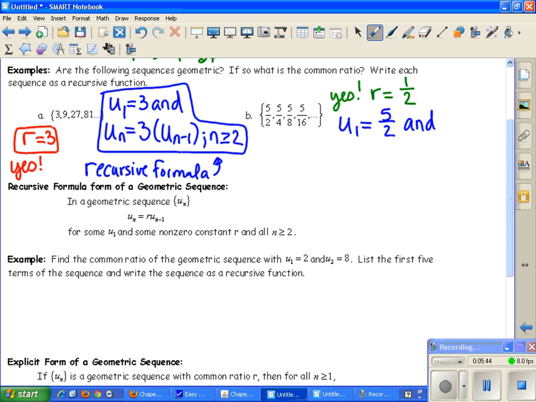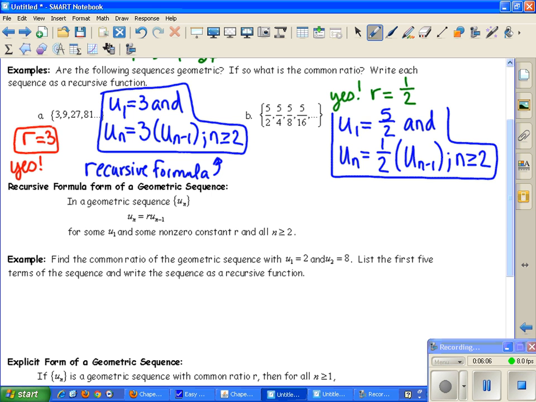And to find the nth term, that would be equal to my common ratio r, so 1/2, times u sub n minus 1, so times the previous term. And of course, we also have to state that in this case, n has to be greater than or equal to 2. So this right here would be my recursive formula for the given sequence.